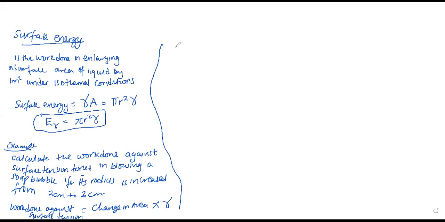This energy is got from area 1 minus area 2, that is the change in area, times gamma, which is equal to pi r1 squared minus pi r2 squared, where r1 is 3 centimeters and r2 is 2 centimeters.